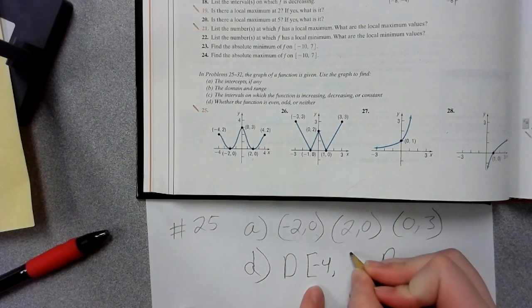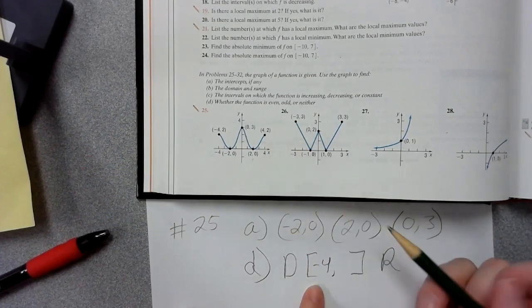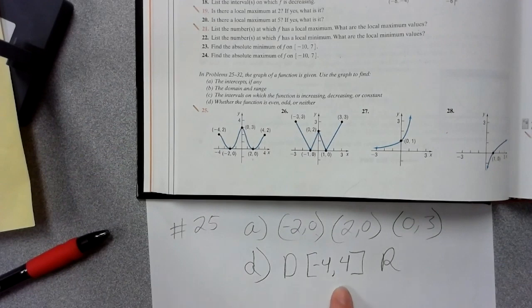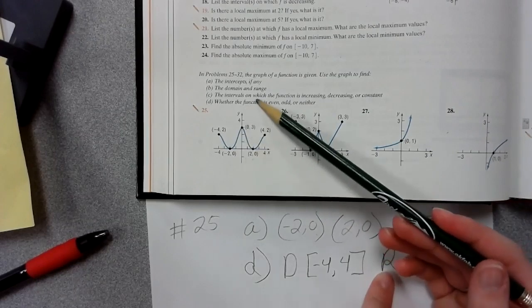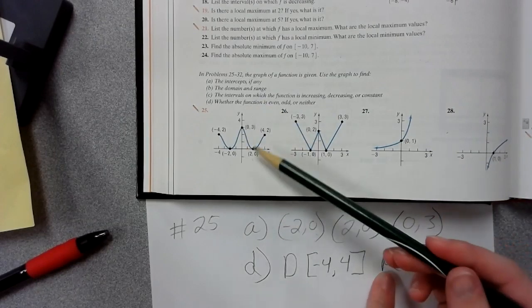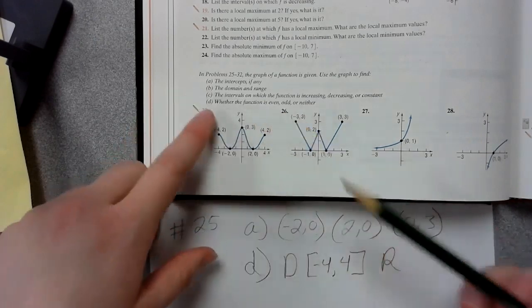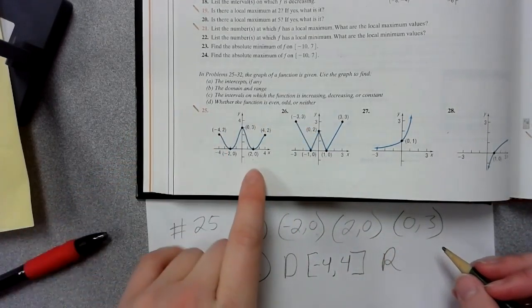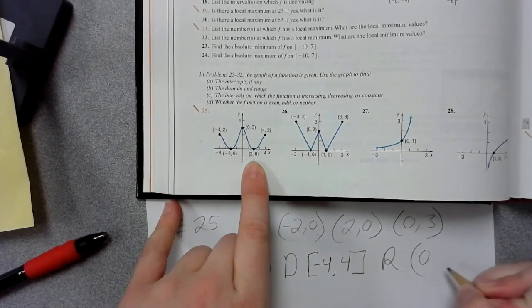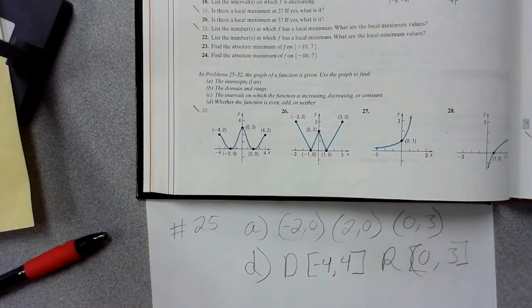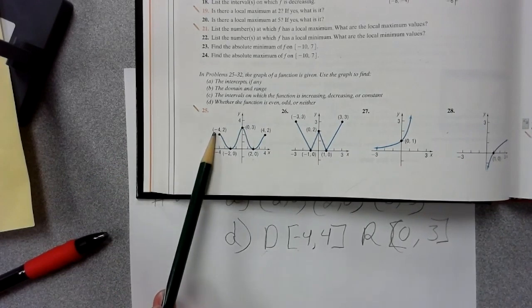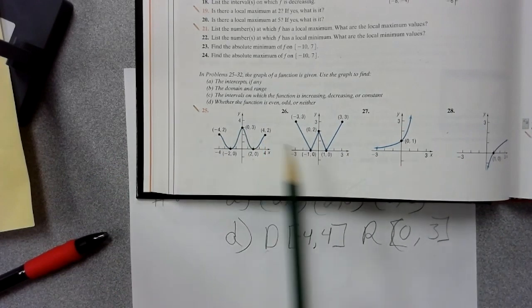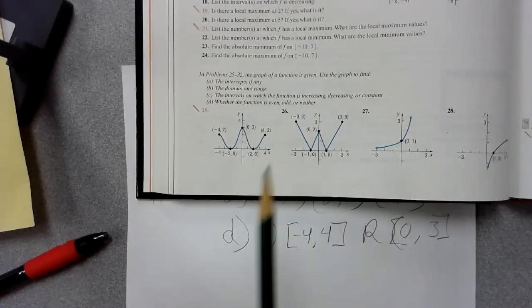And the highest x term is 4. So that's your domain. Your range does the same thing for y. What is your lowest y term? 0. And what is your highest y term? 3. So that's your domain and your range. We got our domain from the lowest and highest x terms, and our range from the lowest and highest y terms.